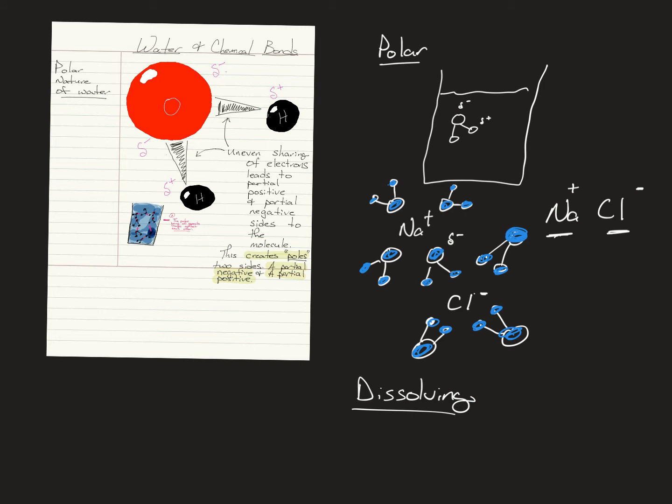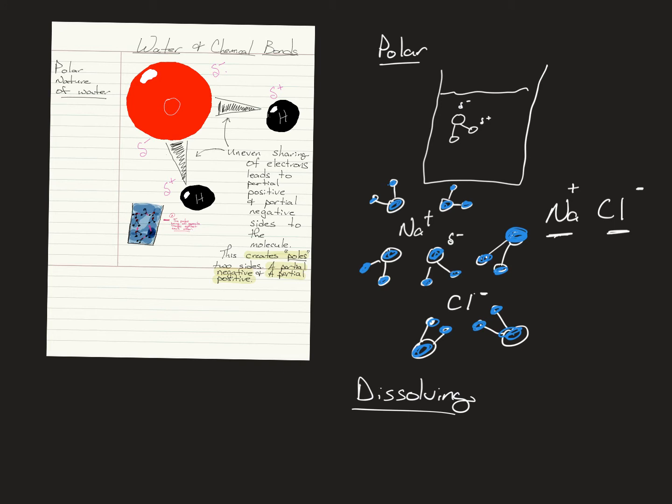So what you get is the sodium and chloride dissolved in water, and you don't see it anymore. How do you know sodium chloride is still there when you put salt in water? You don't see it. You can taste it. If you drank salt water, you'd know right away.